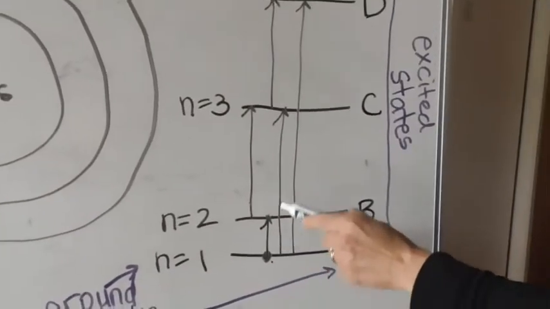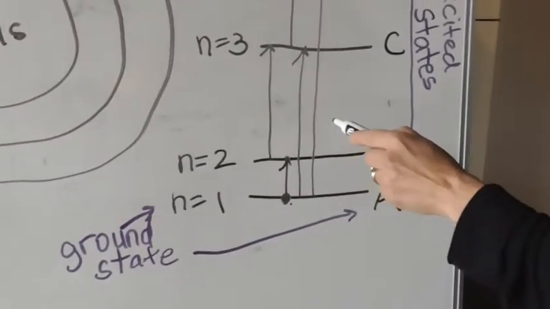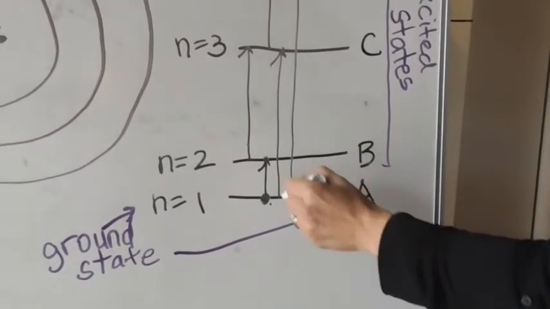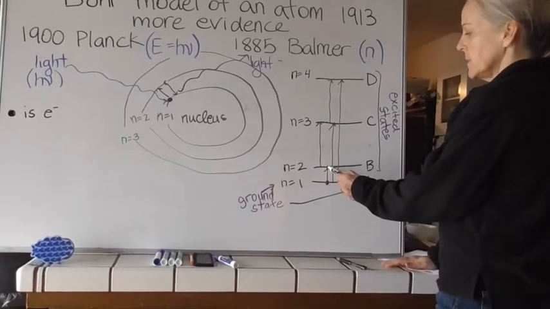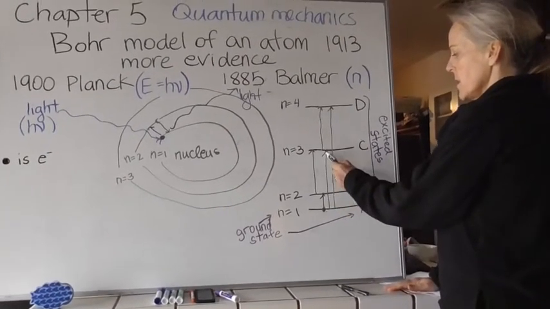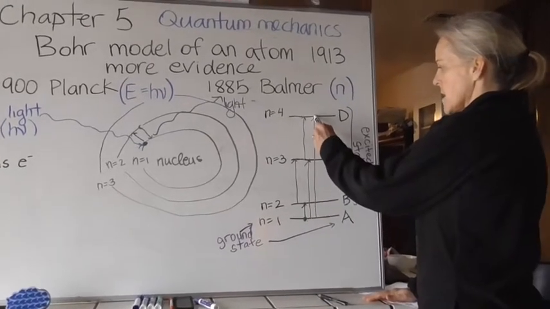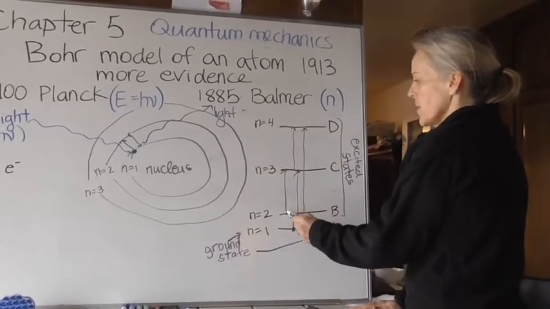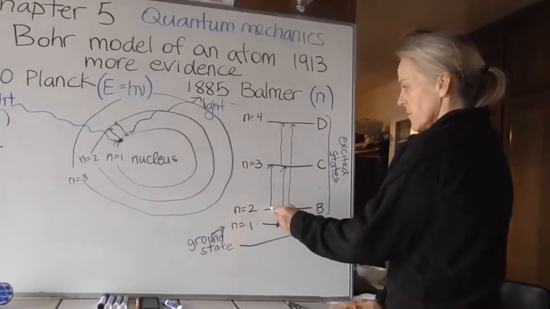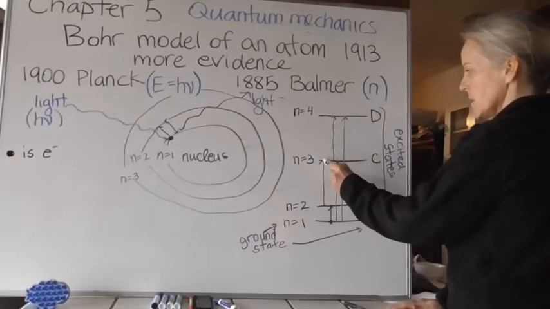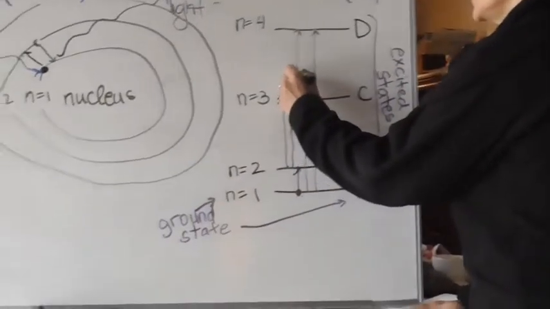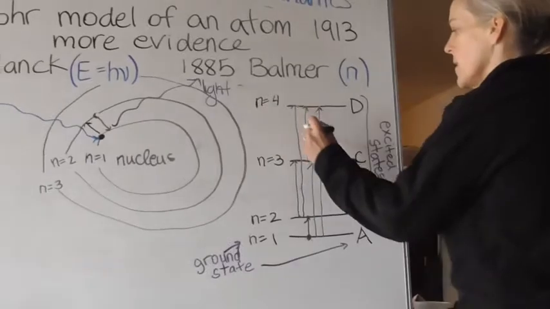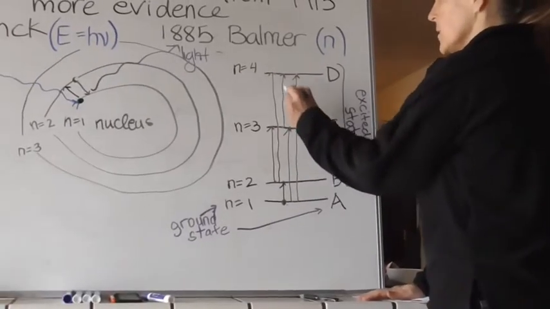So we have from the ground state, here, here, and here. Then from this energy level up, from here to here, and here to here. And then there's only one place to go up from this one.